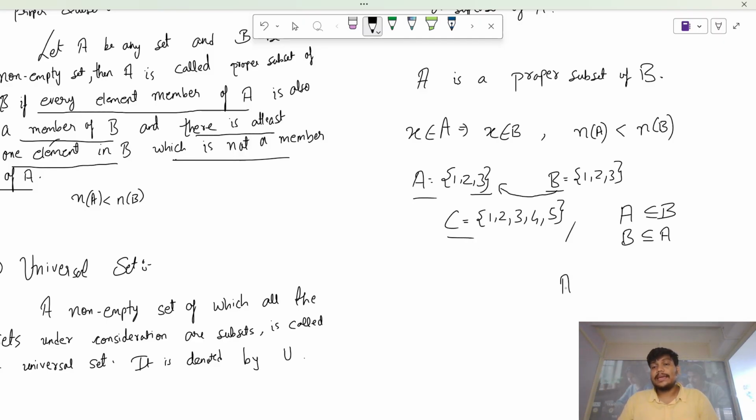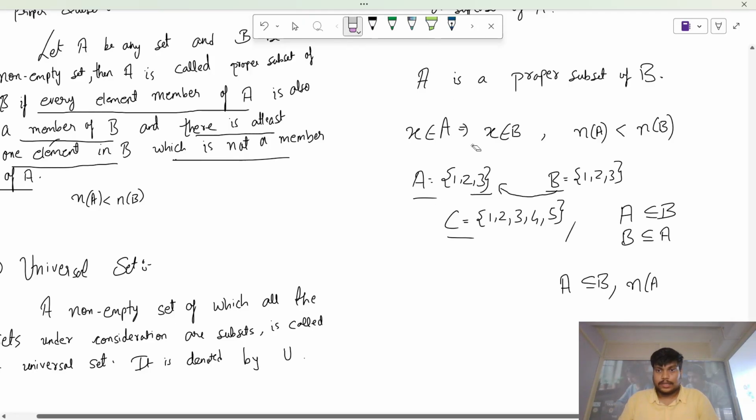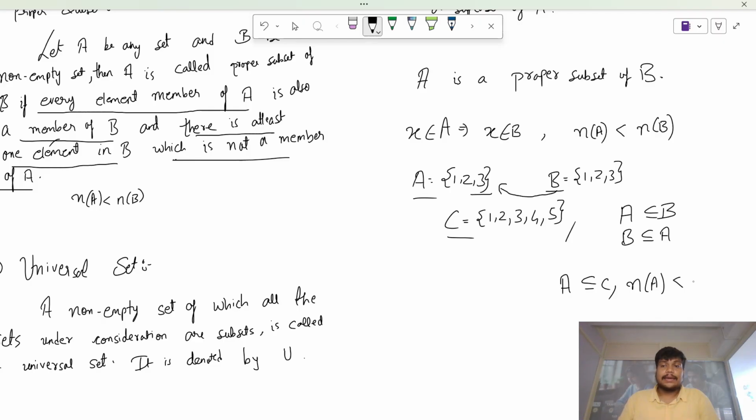Every element of A is present in C. Yes, that is true. But in addition to that, the number of elements in C is higher than the number of elements in A. If these two conditions are satisfied together, then I could call A a proper subset of C.